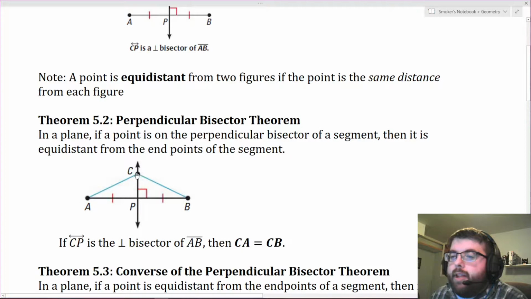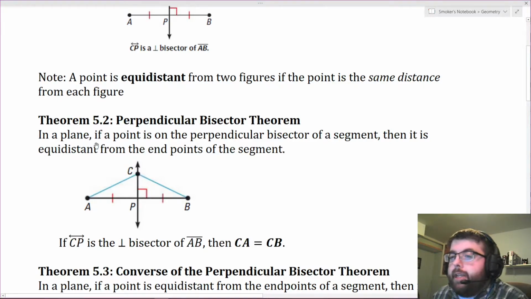That means that those distances being the same mean that those two segments are congruent, or that the lengths CA is equal to CB.